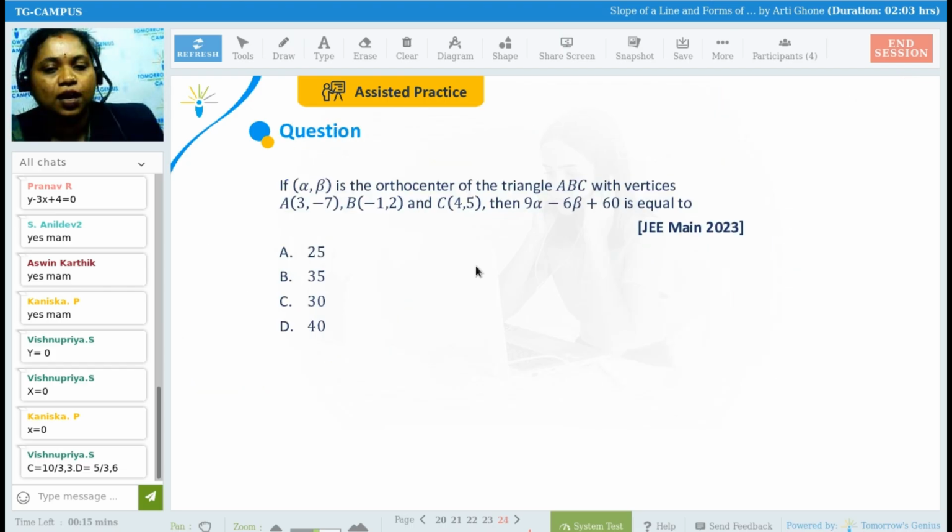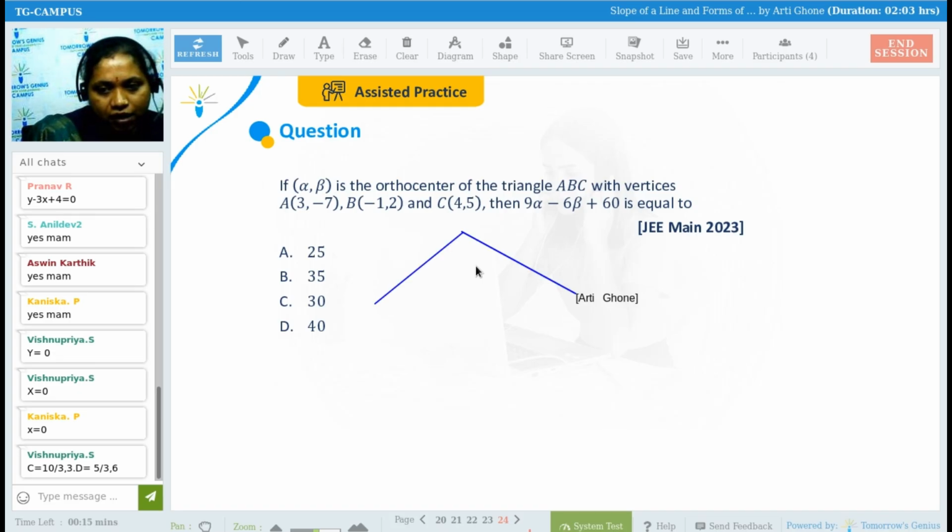Okay. So alpha and beta be the orthocenter of a triangle ABC with the vertices. So easy question. I'll just make the strategy to solve this question. If this is a triangle, what is the orthocenter? The point of intersection of all the perpendiculars, right? So this is a perpendicular, this is a perpendicular, this is a perpendicular, and this is the orthocenter.